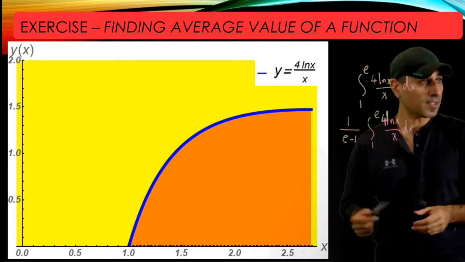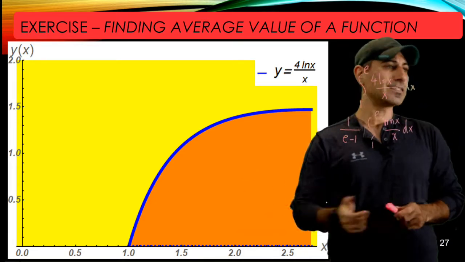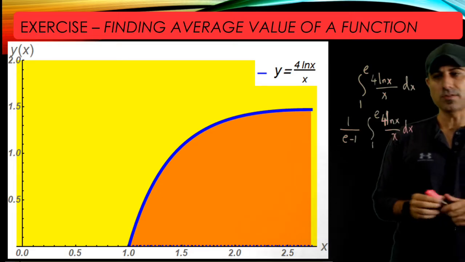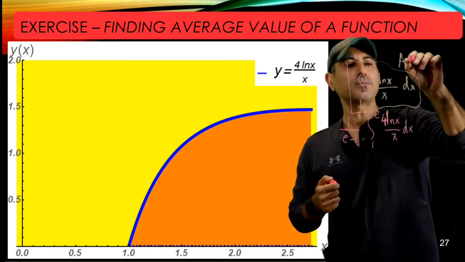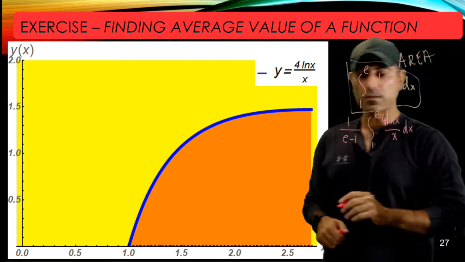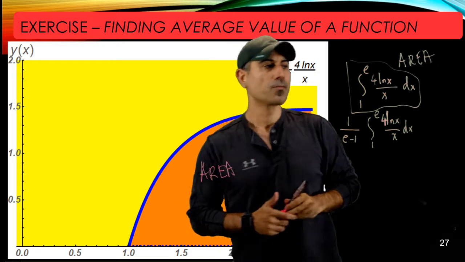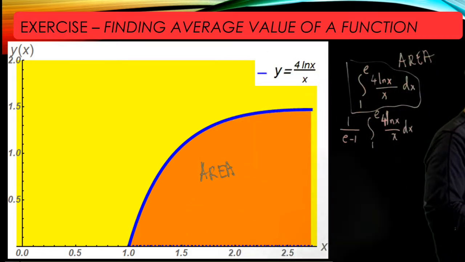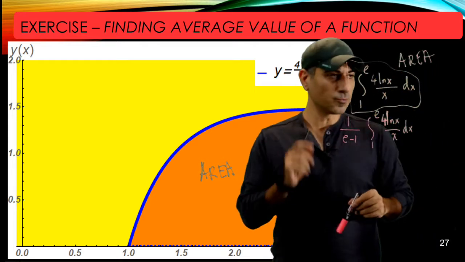Since the function is above the x-axis, all the values are positive. So this integral is in fact corresponding to the area of this orange region. Okay? And in the formula of the average value, we divide that area by e minus 1.